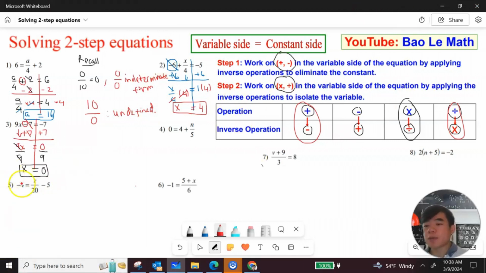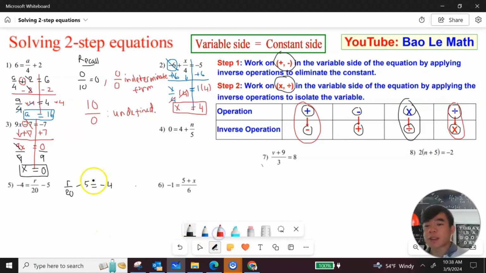Now the next one. You see the variable is on the right-hand side, so you need to move it to the left. I just rewrite this one as r over 20 minus 5 equals negative 4.